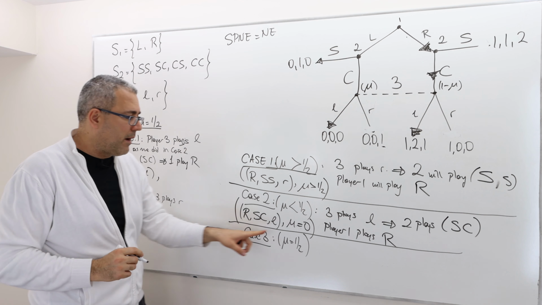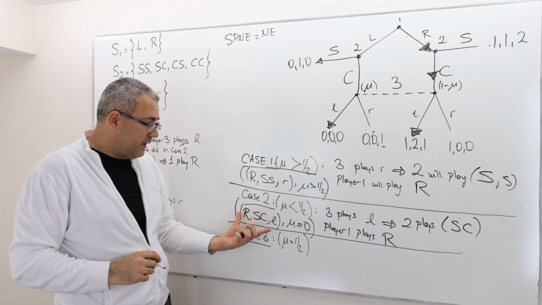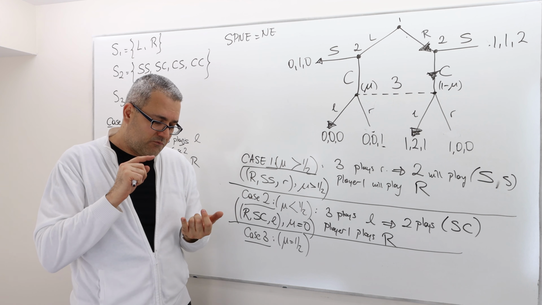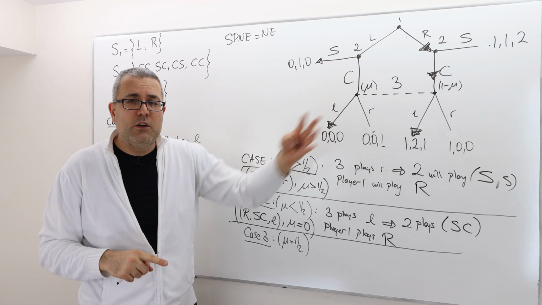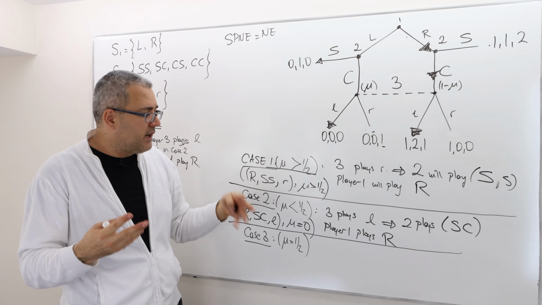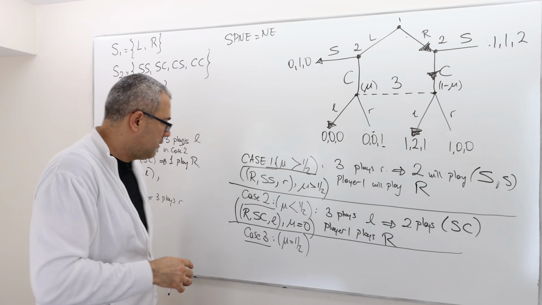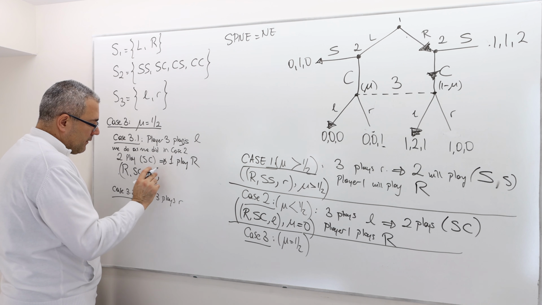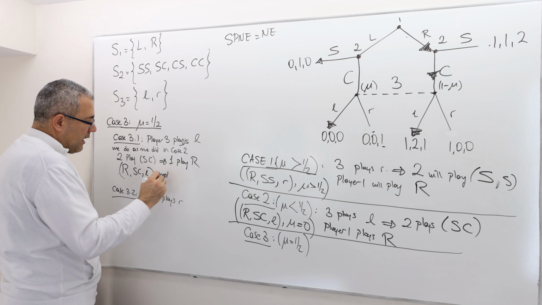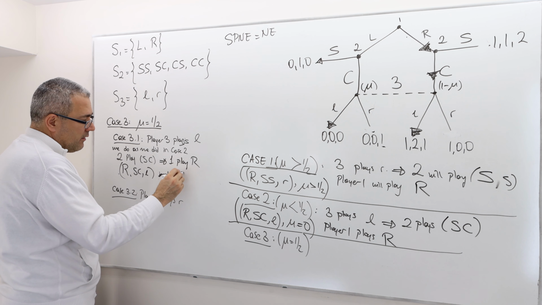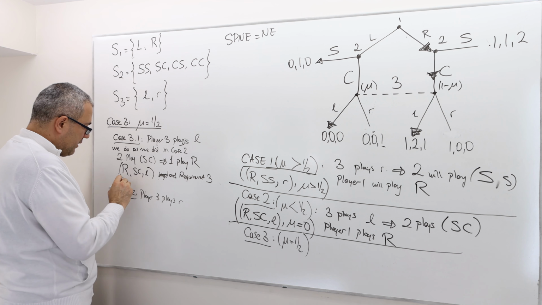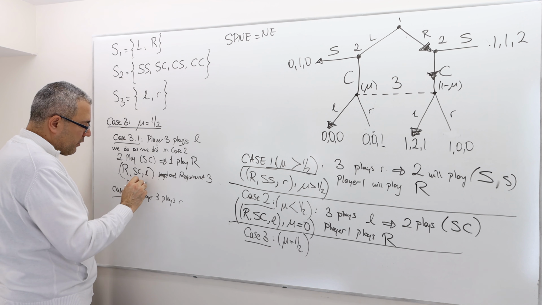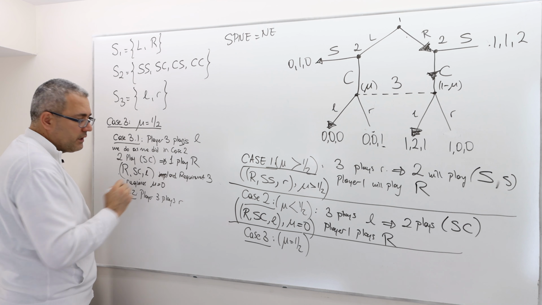But don't forget, this strategy profile satisfies requirements 1 and 2, but requirement 3, since it is on the equilibrium path, implies that mu has to be 0.